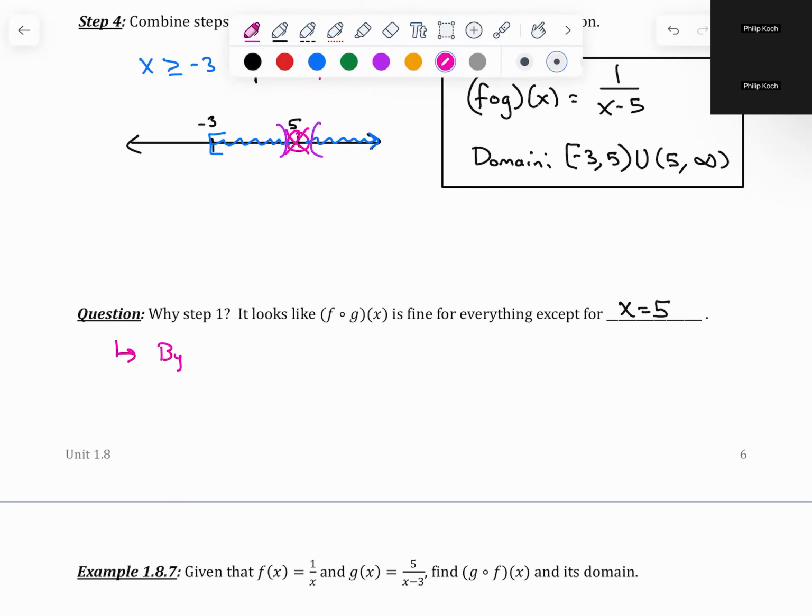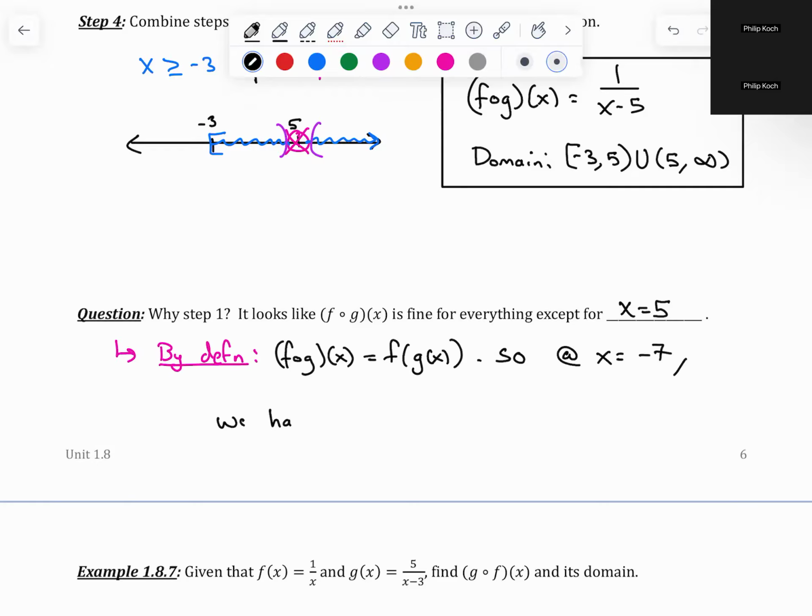By definition, f composed with g of x equals f of g of x. So at x equals, let's say, -7, we have f composed with g of -7, which would be f of g of -7.